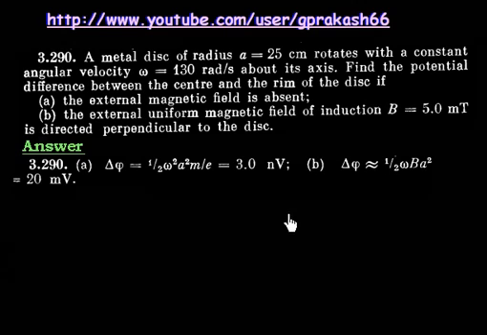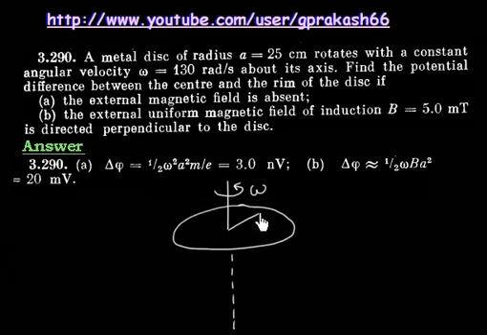So the disc is given to you, and this disc gets rotated about this axis with angular velocity omega, and the radius of the disc is also given to you.